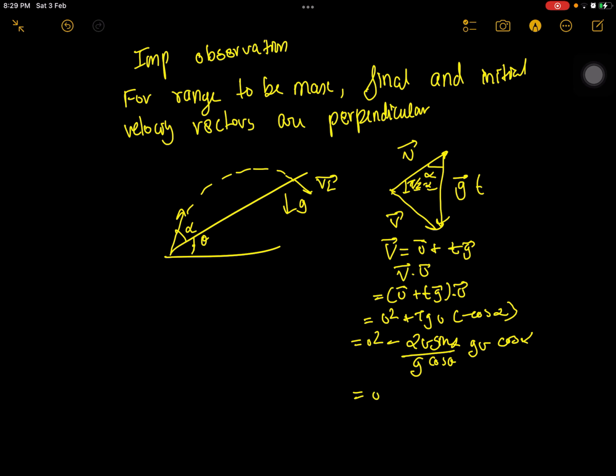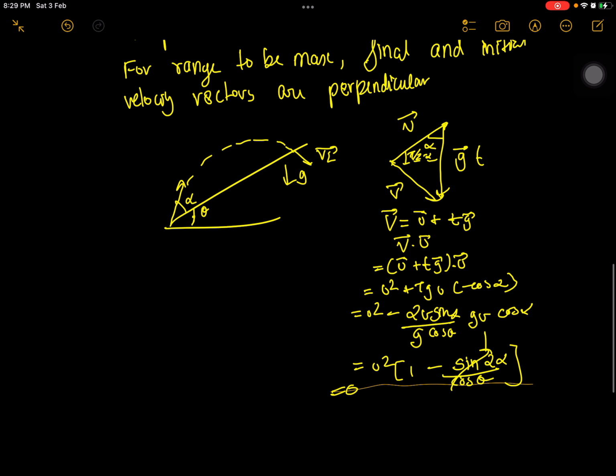Now we will get u square times 1 minus sine 2 alpha by cos theta. Now for range to be maximum, it lies along the angle bisector, so this is 1, so you get 0. Dot product is 0 means perpendicular vectors, so u and v are perpendicular.